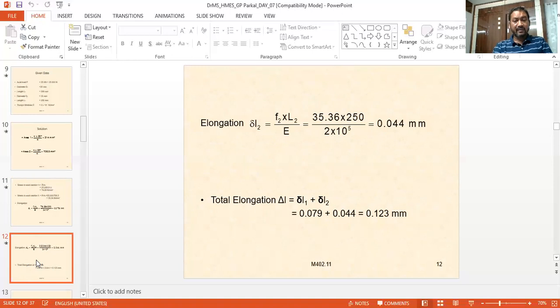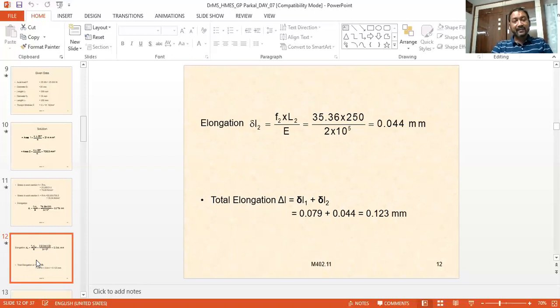So in this case, even though the bar is subjected to the same amount of force, due to the variation in cross section of section 1 and section 2, two different stresses will be set up. The stress F1 is different from the stress developed in section 2, F2.